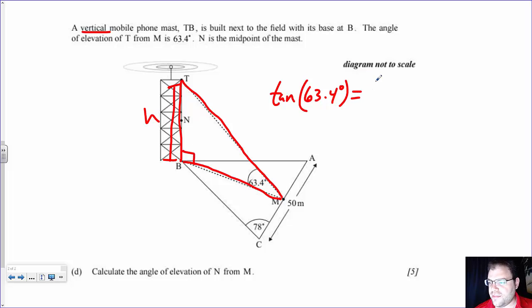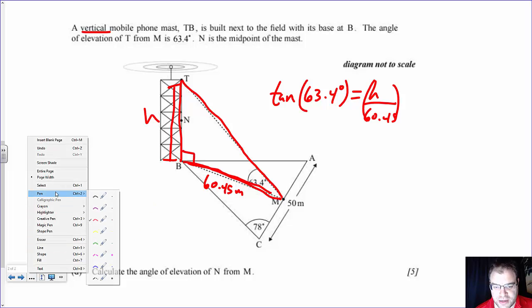I don't know what that is, but it's going to be h over this adjacent side. And I know this adjacent side is 60.45 because we found this from the previous question, because this is the same triangle as the previous part of this question. So this is 60.45.